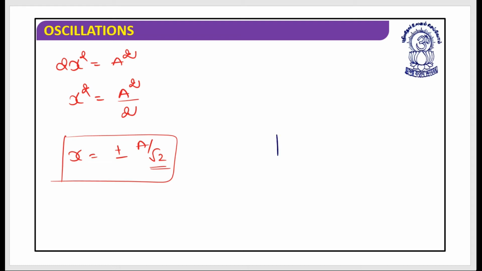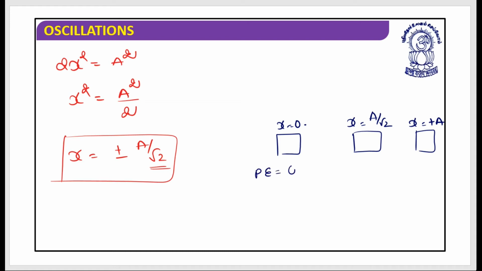So if you observe this situation, this is the mean position. Let's say this is the a by root 2 displacement, and this is x equals, let's say, plus a. At the mean, potential energy would be 0 and kinetic energy would be the maximum.